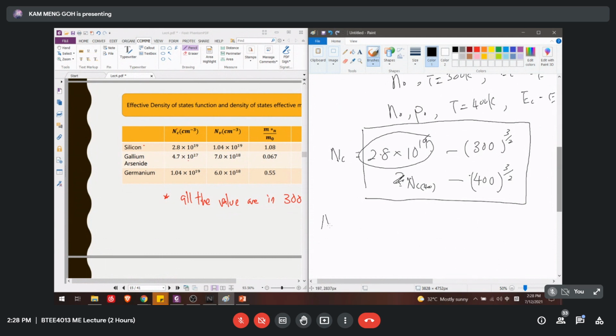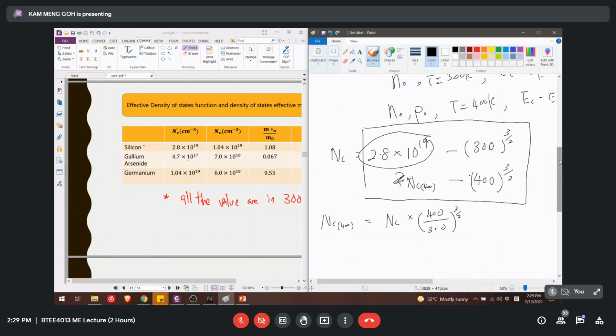So in short, your NC at 400, you can write in this way: NC multiplied by 400 over 300, to the power of 3 over 2. Okay, so in this case, you can calculate this value faster.